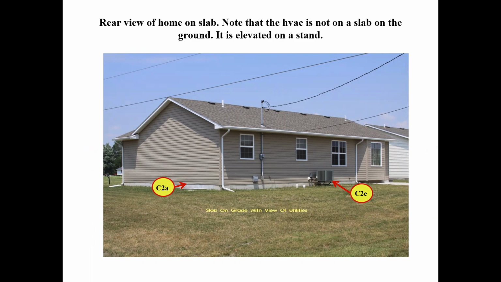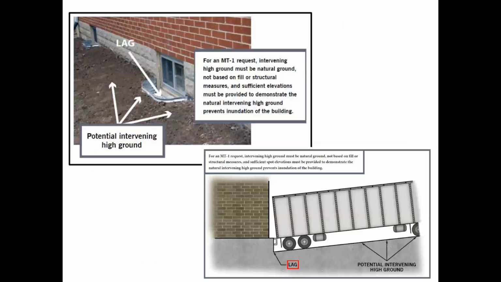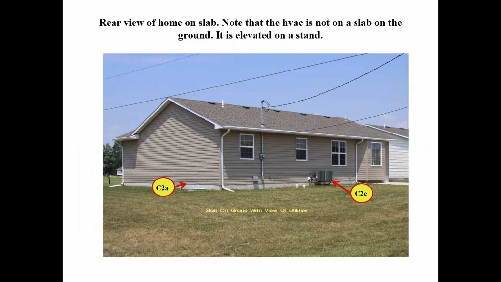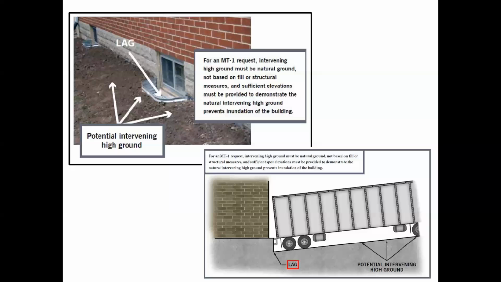There it's this HVAC unit that's on a metal rack outside. And then C2A, the top of the slab, you can see where it meets the floor. So for the machinery and equipment discount, it would have to be to the attic level or higher for that HVAC unit, which it's not. And then again, the lowest adjacent grade should be at the bottom of the window well.